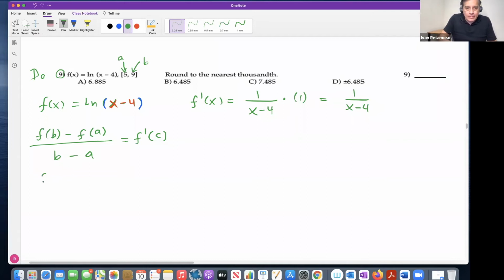Maybe I could write out that b is 9, so 9 minus 5, and this should be equal to this derivative evaluated at c using this. Go ahead.